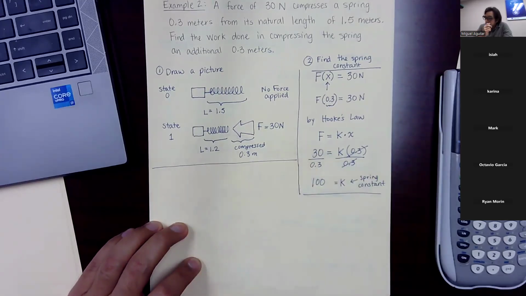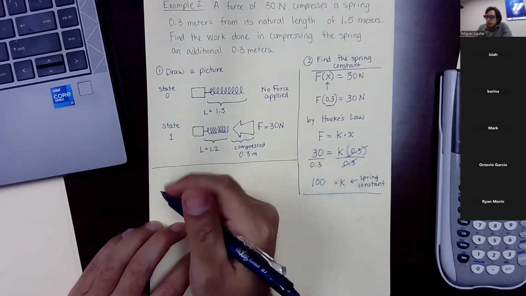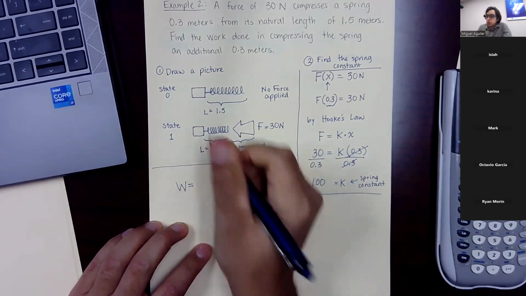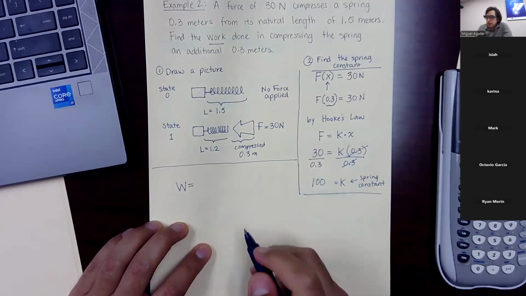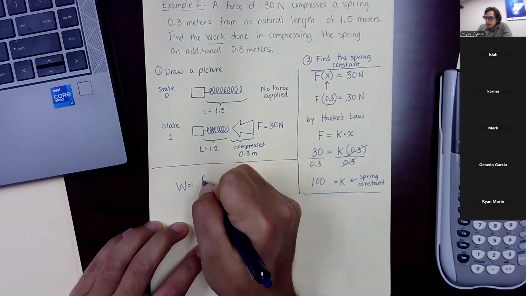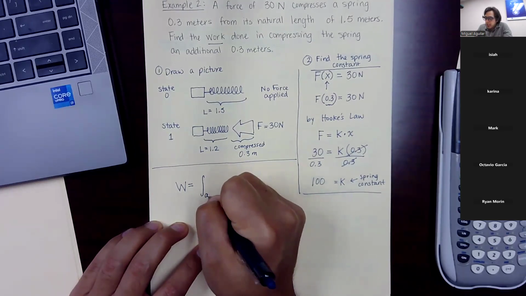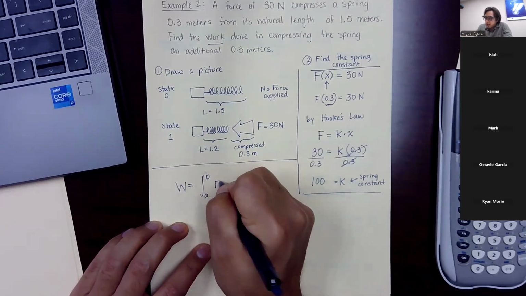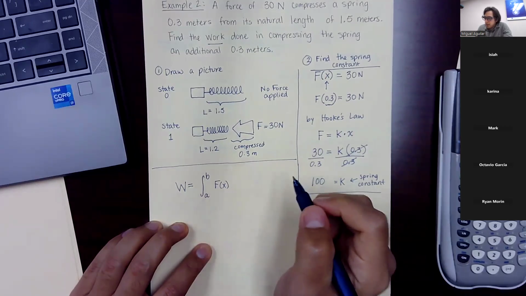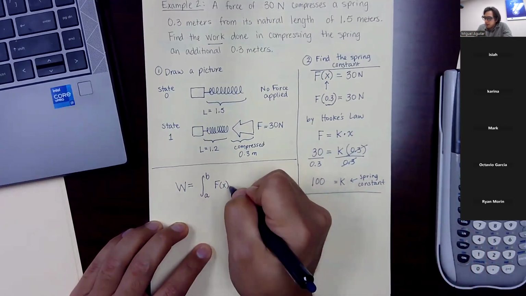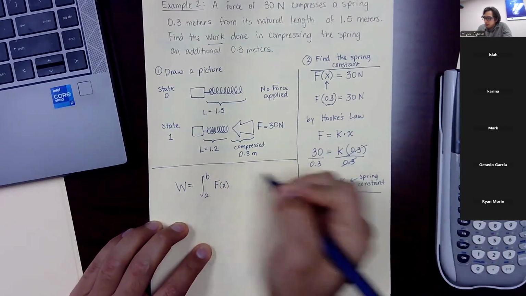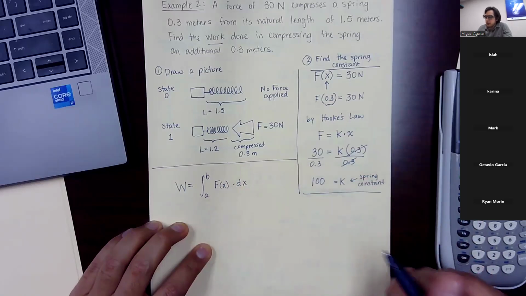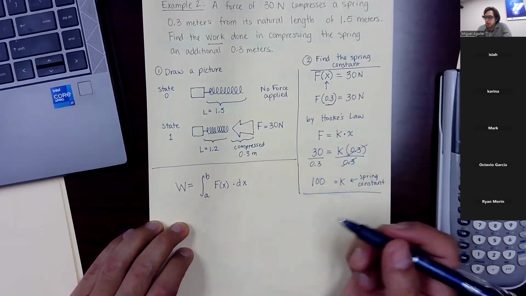So now let's talk about this variable work, right? So we have work, which is what we're trying to find. And we know that's going to be the integral from a to b of our function f of x dx, right? Because it's just force times the distance, okay?